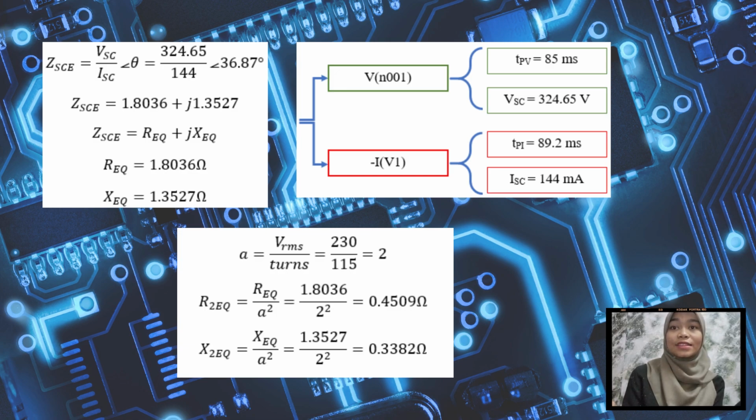Then the secondary equivalent resistance equals R equivalent divided by a squared, equal to 1.8036 divided by 2 squared, and we get 0.4509 ohm. The secondary equivalent reactance equals X equivalent divided by a squared, equal to 1.3527 divided by 2 squared, and we get 0.3382 ohm.